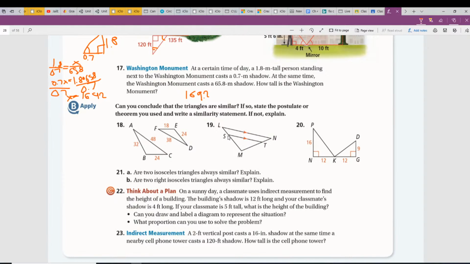So these triangles, we have STM, this one right here, and we have LNM. So we want to prove that these triangles are similar. Since we don't really have any knowledge about the side lengths of this triangle, we're probably going to be looking toward finding two angles that are congruent and then proving that they are similar.